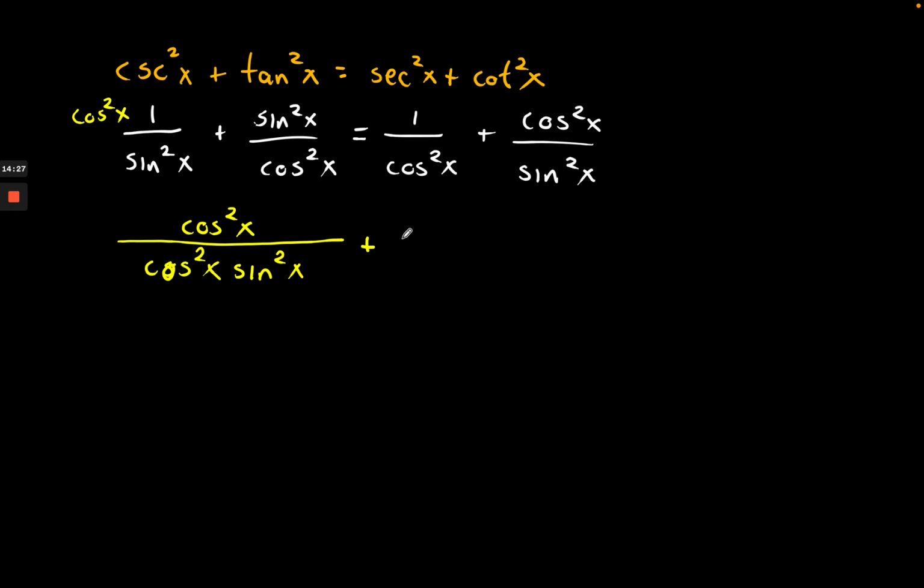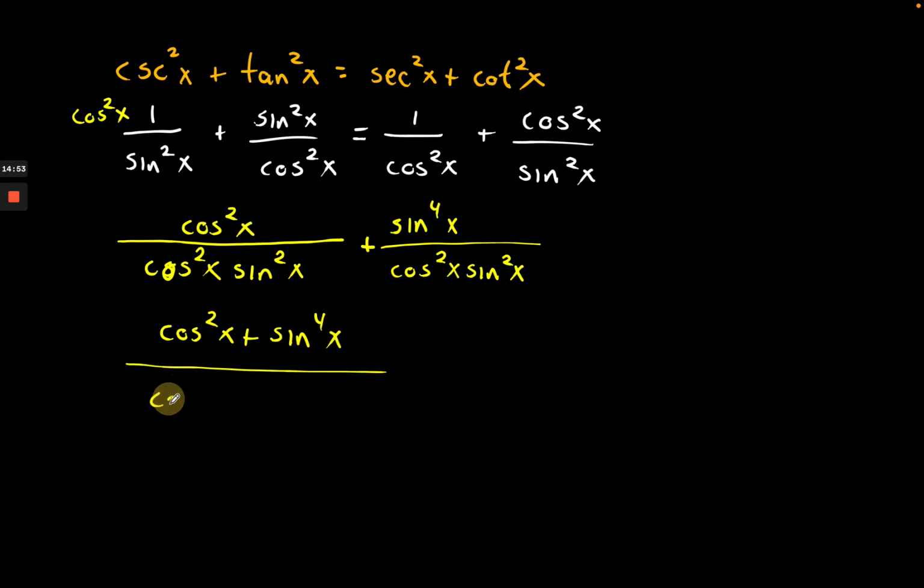Okay, so we have to multiply by sine squared, so this will be sine to the 4th x over cosine squared x sine squared x. So that's going to give me cosine squared x plus sine to the 4th x over cosine squared x sine squared x.